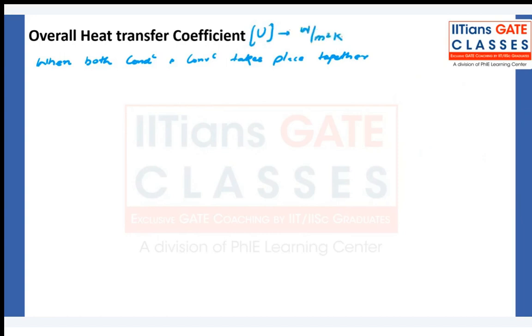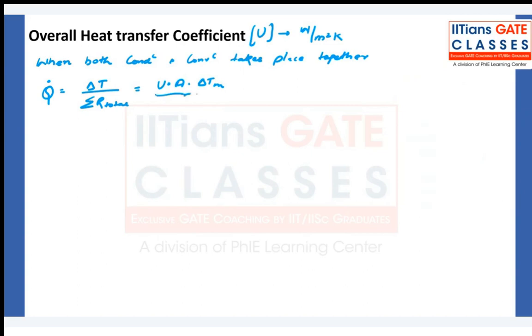How do you define this? We have already defined that Q dot is equal to delta T upon total resistance, which is also equal to U A delta T M. Initially we are not going to use this equation.